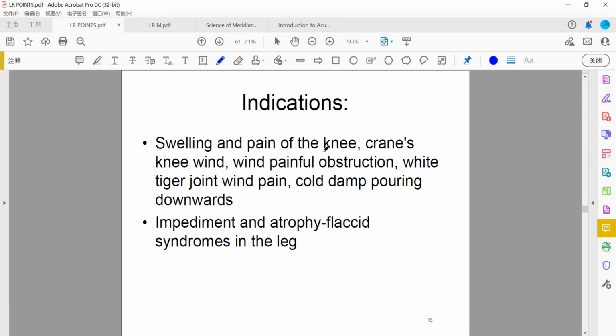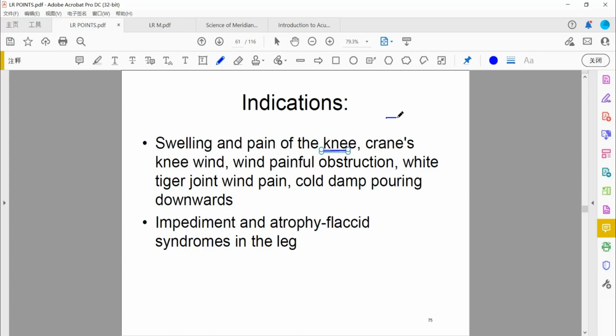Swelling and pain of the knee, cramps, knee wind. Cramps knee is like the leg looks like cramps.